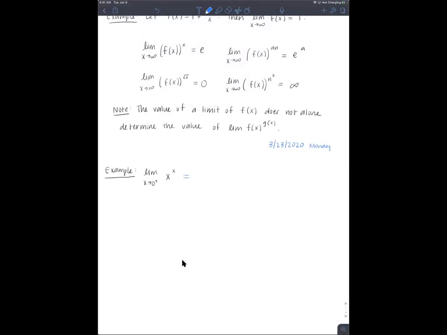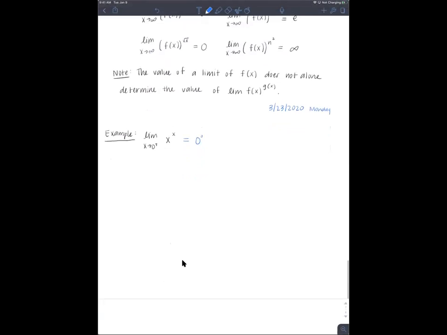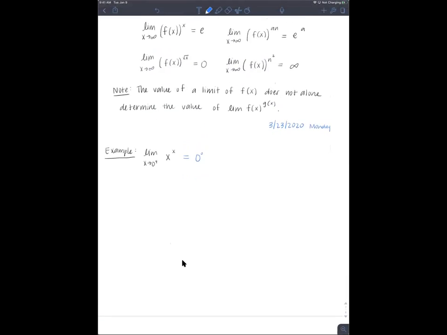It would be 0 to the power of 0, but that's not equal to 1. This is the only one where having a 0 in the exponent doesn't give 1, and that's why it's considered indeterminate. I get 0 to the power of 0, and I can't really do anything with that.